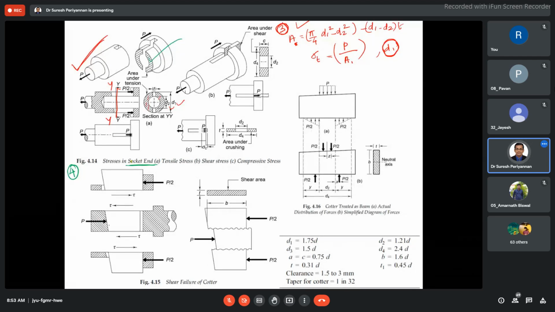Now, how many shears are there in the quarter? The top portion of the quarter is going to shear, and the bottom portion of the quarter is going to shear. Here the thickness is involved in this shear of the quarter.